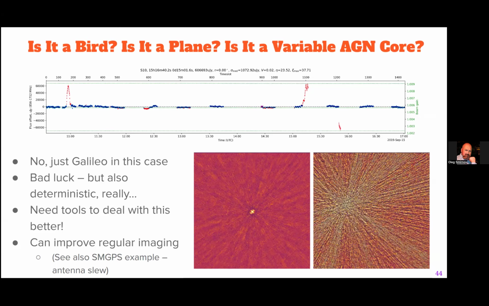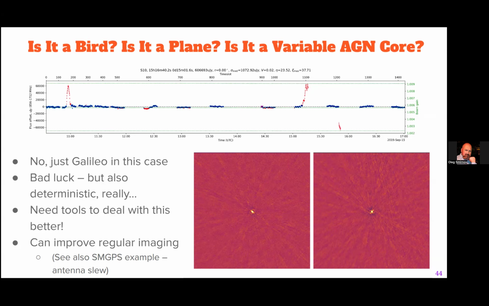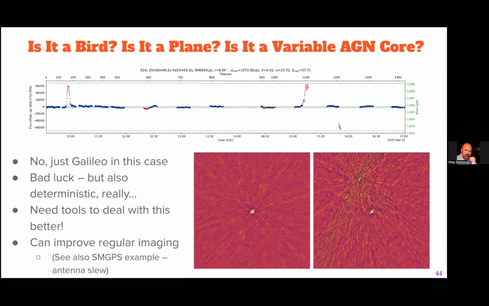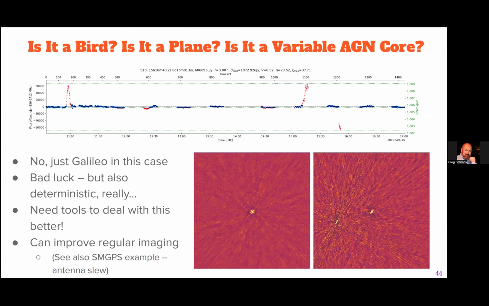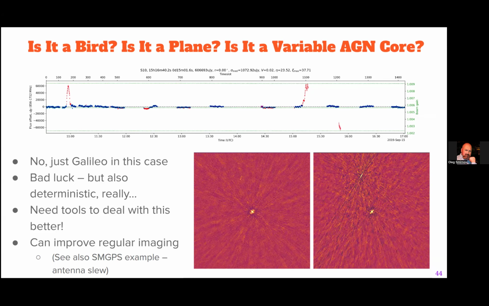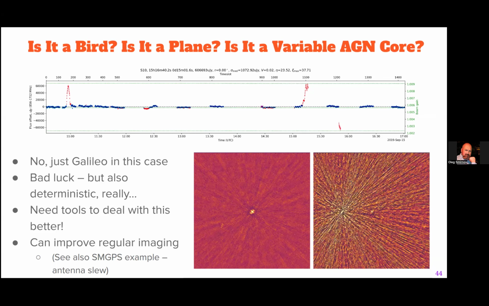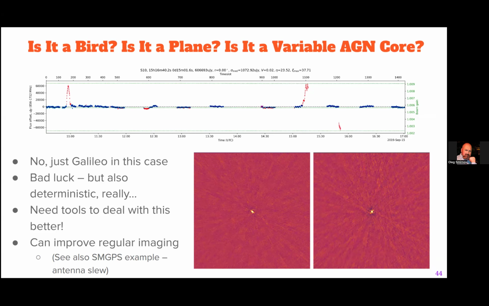But a signal like this will never be flagged by visibility flagging because it's actually fainter than the AGN itself. If it's not bright enough to look brighter than an astrophysical source, it's certainly not going to be flagged. So I think the only way to catch these things is with the time lapse. And of course, we know where the Galileo satellites are, so they really should be.